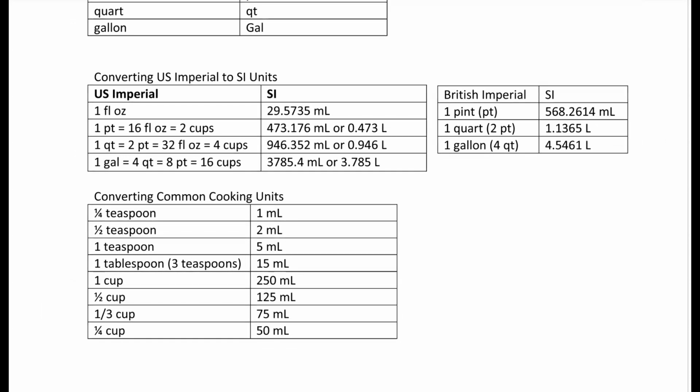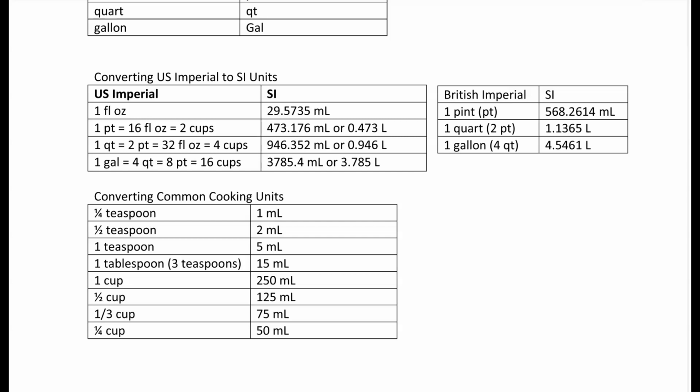So we have 1 fluid ounce equals 29.5735 milliliters, and so on. I'm not going to read through all of these just because it's going to be repetitive and you have it right in front of you. But this is where we're going to start as our foundation and always refer back to as our reference when we're working with these conversions.